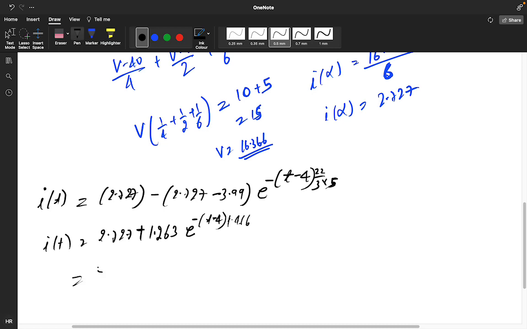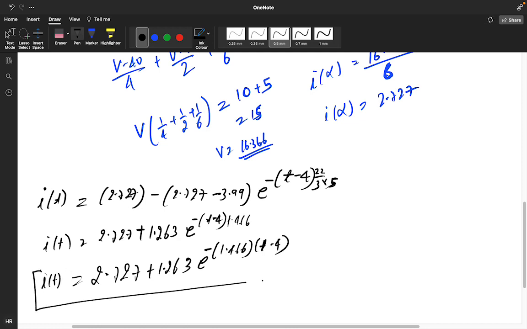So you are getting the equation 2.727 plus 1.263 e power minus 1.466 into (t minus 4). This is your I of t value.